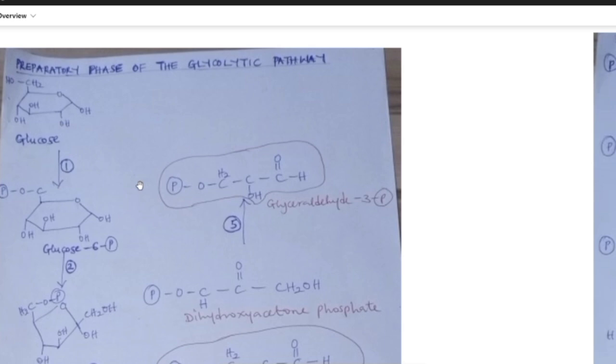The first step is the phosphorylation of glucose to glucose 6-phosphate. The glucose here at carbon 6 is phosphorylated in this first reaction.